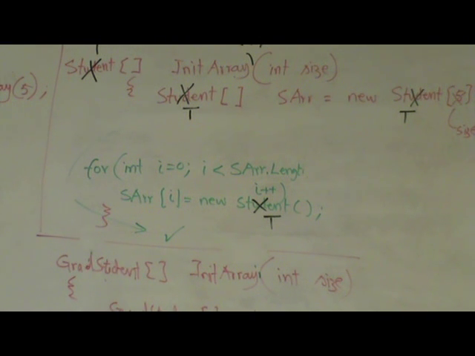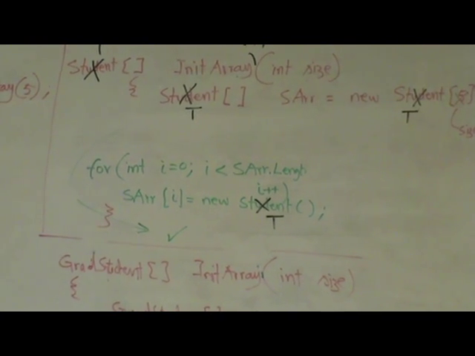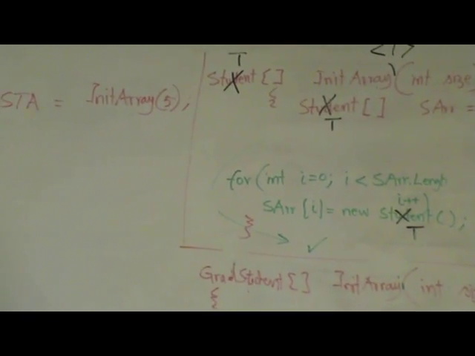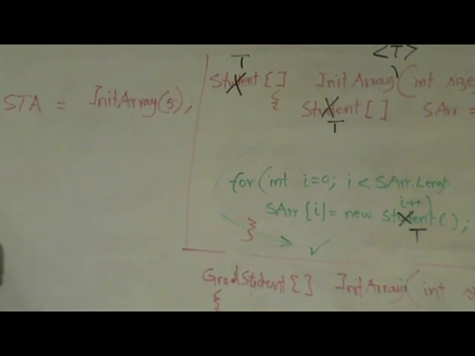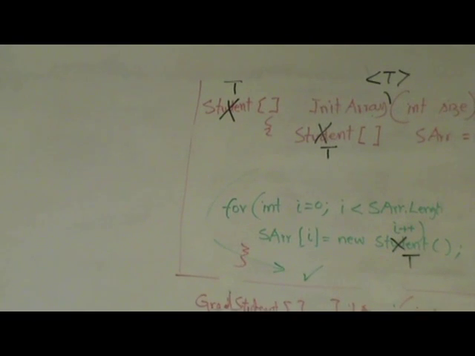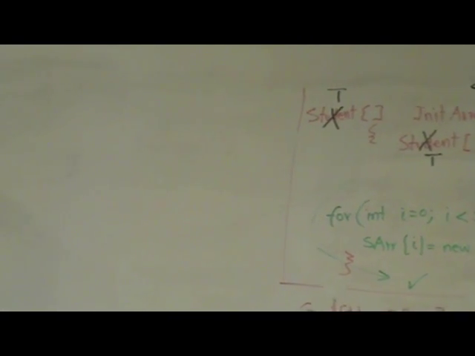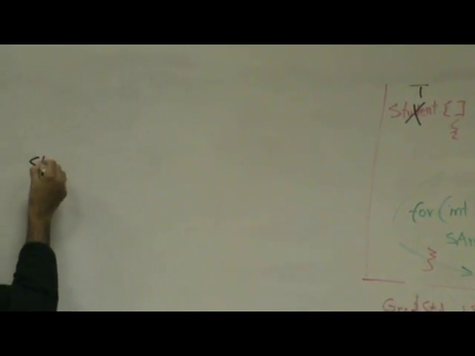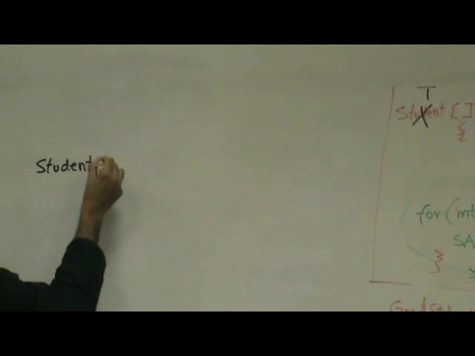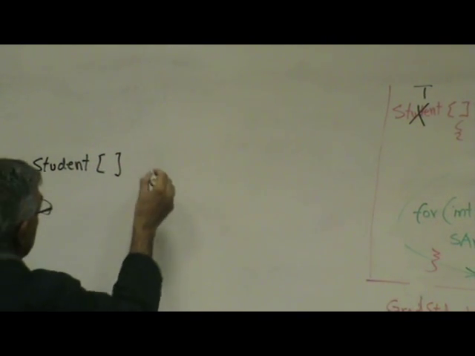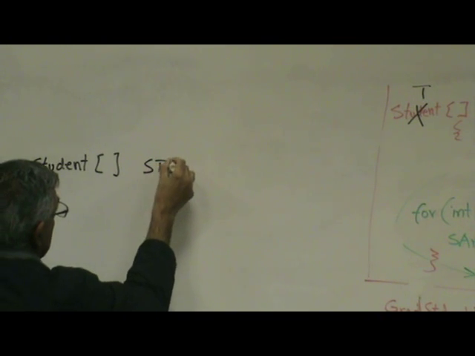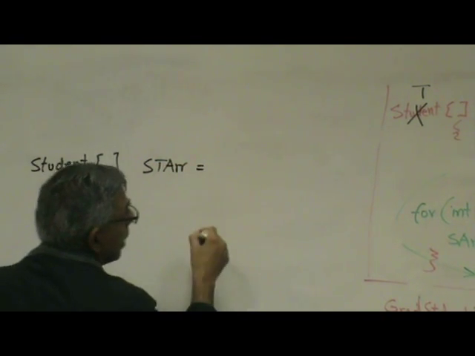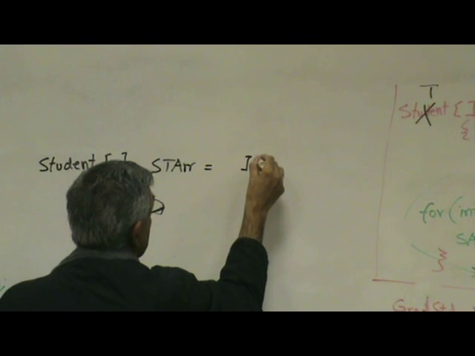Now, how will the caller call it if they wanted to create an array of 5 students? Okay, let's take a look at the calling code. So the calling code will look something like this now. Student, let's say SD array equal to init array.